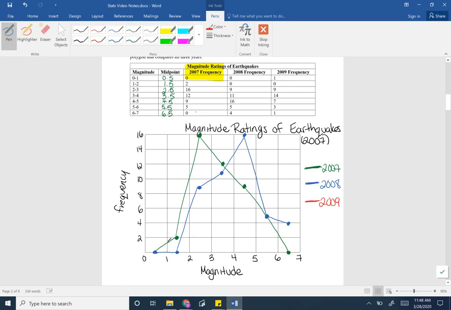And then let's plot our points. And then once we have our dots, once again, we're going to connect them.